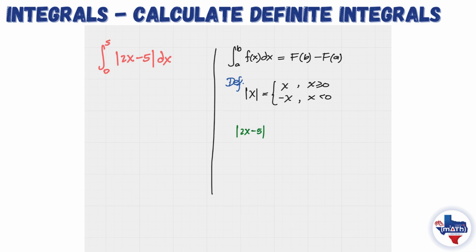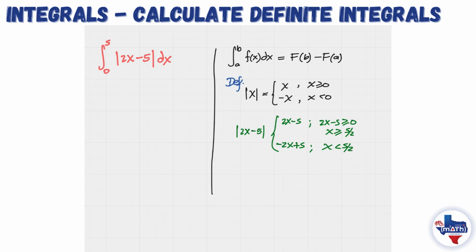The positive behavior is 2x minus 5 when what is inside, 2x minus 5, is greater than or equal to 0. Solving for x, we add 5 on both sides and divide by 2, so x is greater than or equal to 5 over 2. The negative behavior is negative 2x plus 5 when x is less than 5 halves.